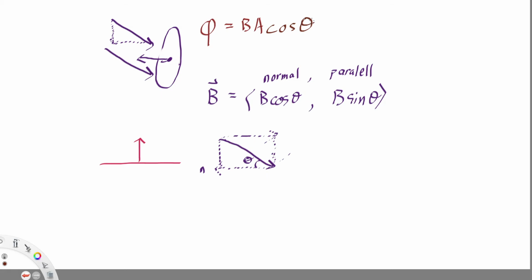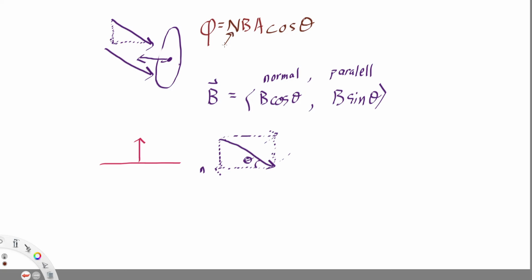Okay. So we add a cosine theta to our idea of flux. And then lastly, because we're almost never talking about just one loop at a time, right? We're usually talking about stacked loops, solenoids or coils or something like that. We toss in this n.